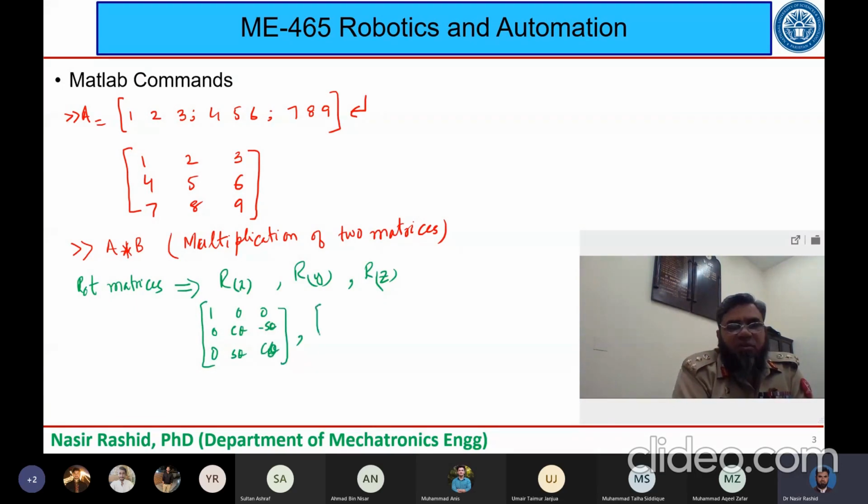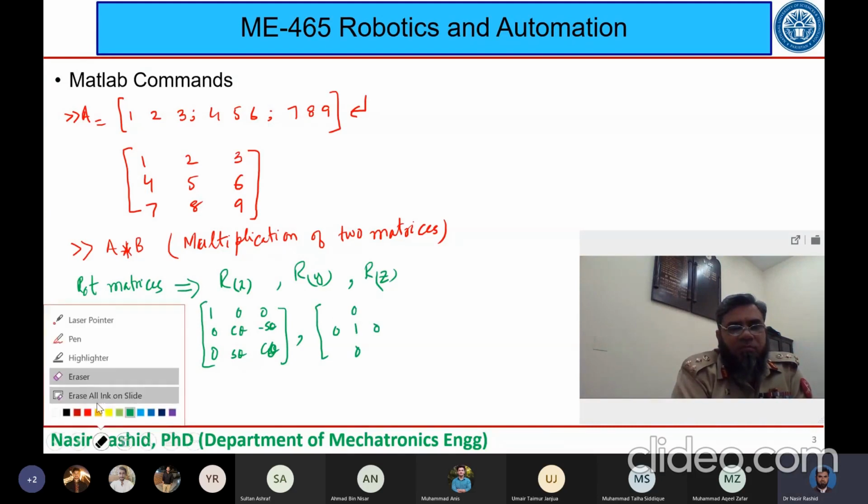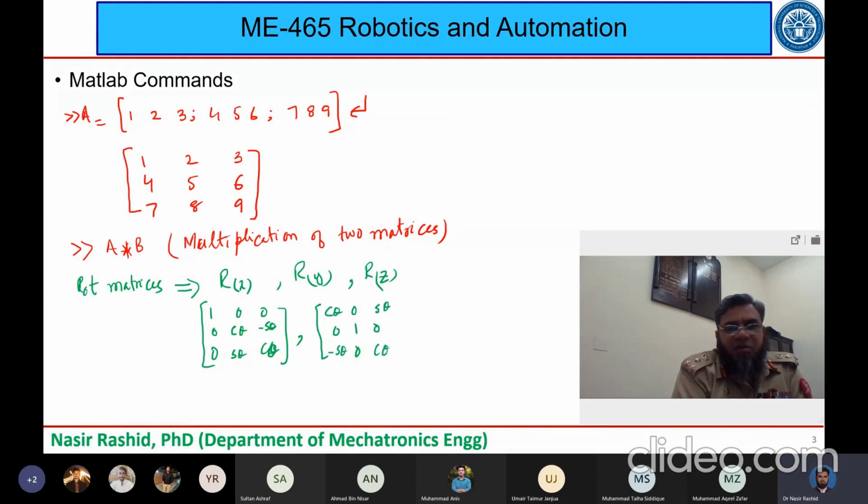This is rotation about x. Rotation about y would be, this will be my cos theta, 0, sin theta, 0, 1, 0, minus sin theta, 0, and cos theta.